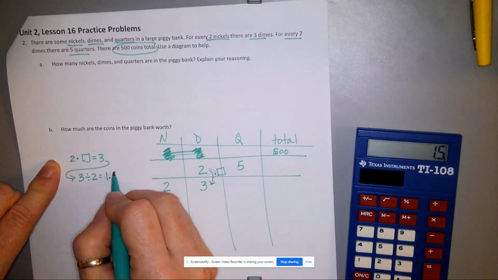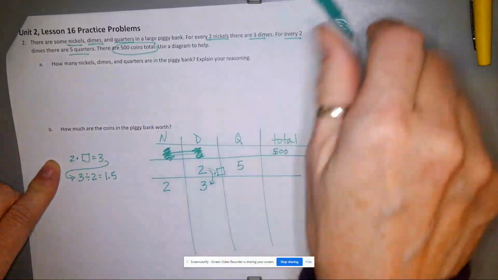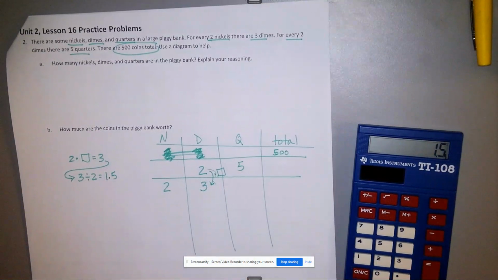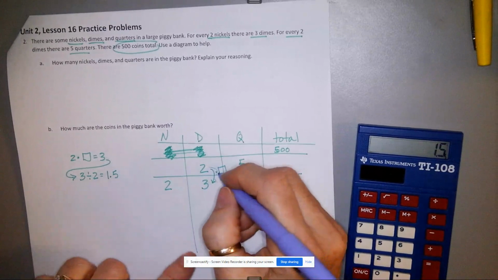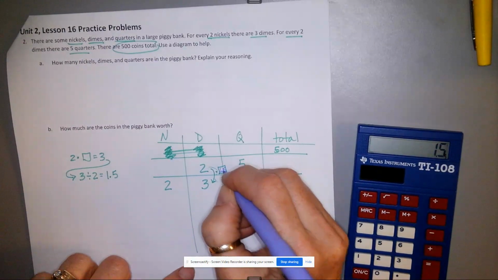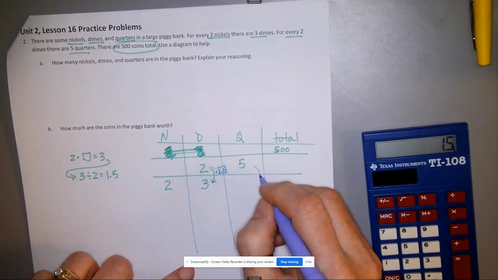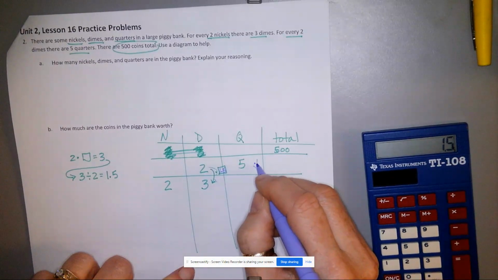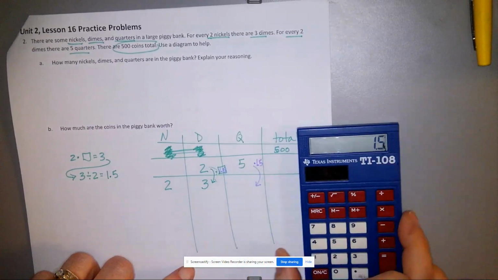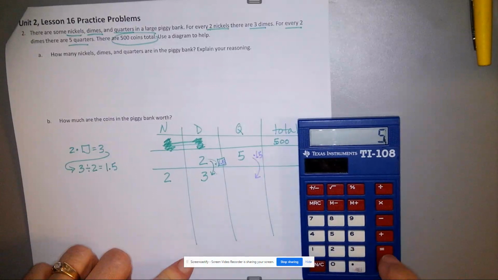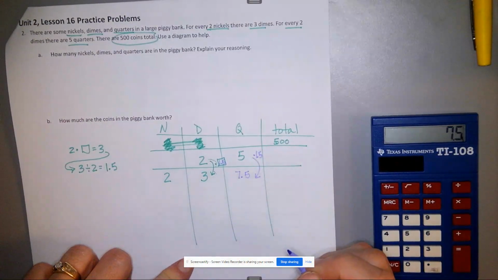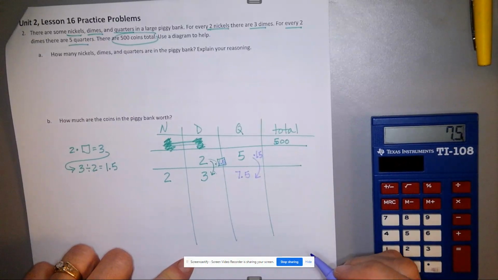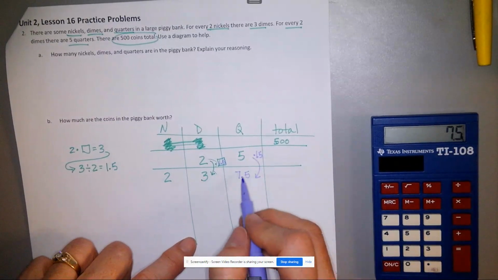So that's 1.5. So 2 times, I wish I had a different color this whole time. So that's 2 times 1.5. So if I want to find this number, I could do 5 times 1.5. And that gives me 7.5. And I don't really want to have decimals.